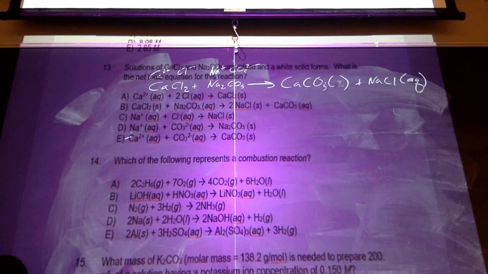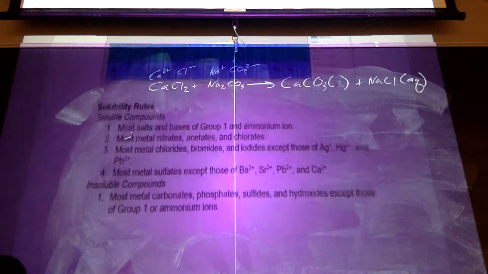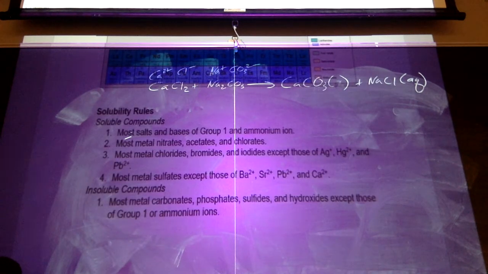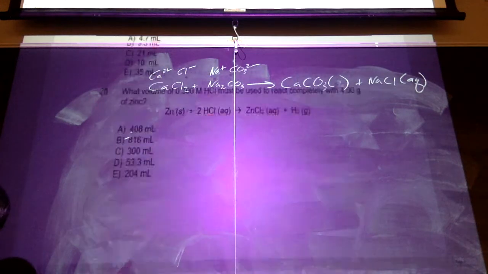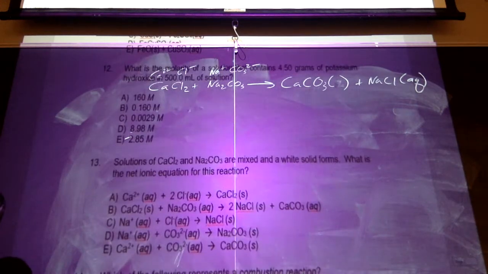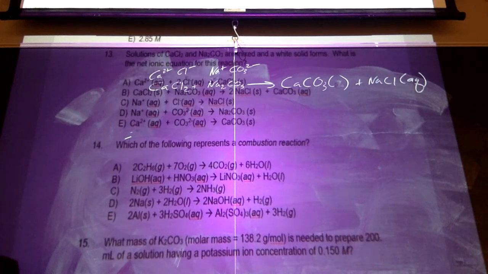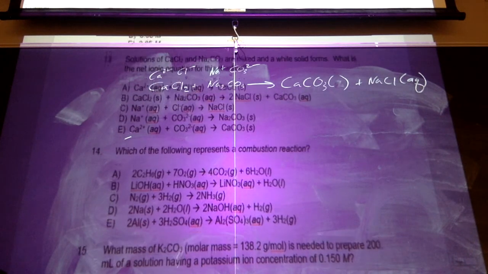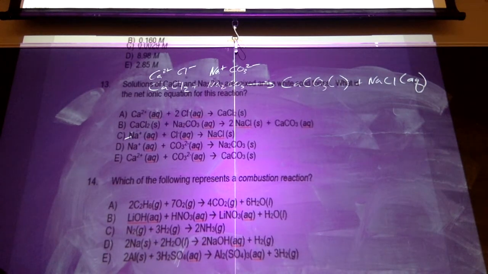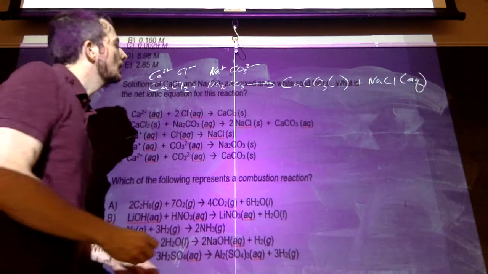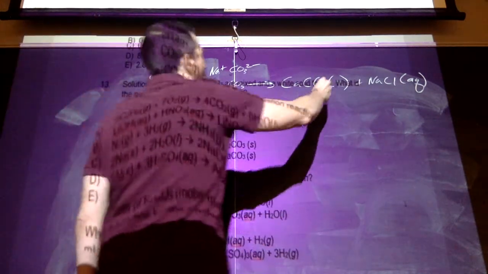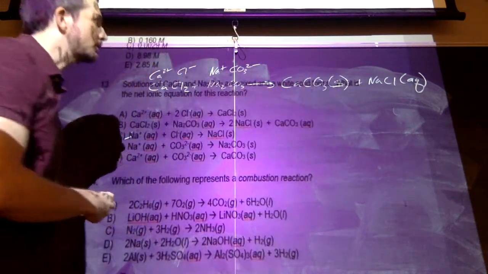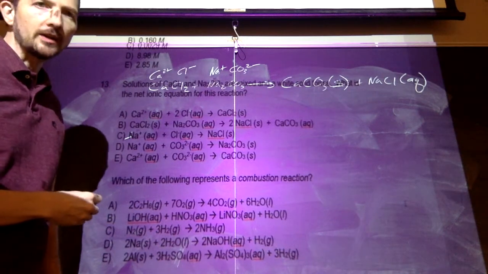If you look at carbonates in your solubility rules, most carbonates are insoluble unless it's group 1, so calcium is group 2, so it's not going to be soluble. And so that's going to be my precipitate that forms, that's your white solid.